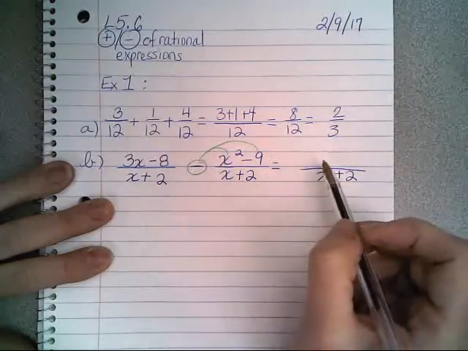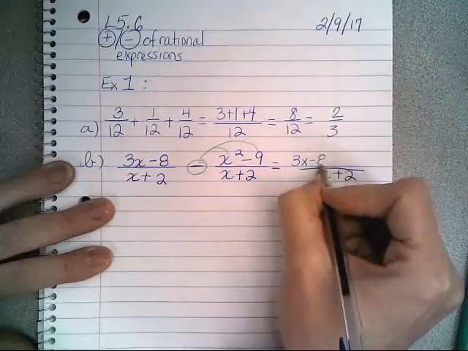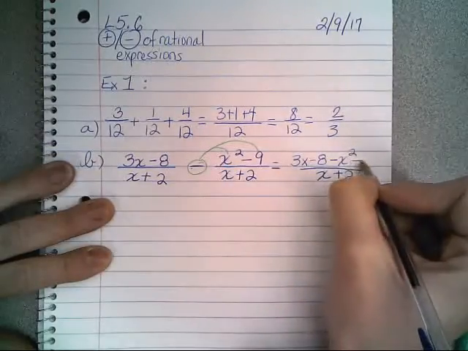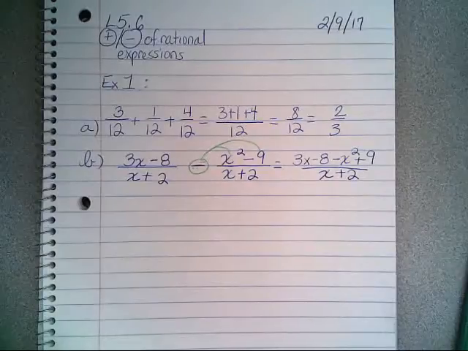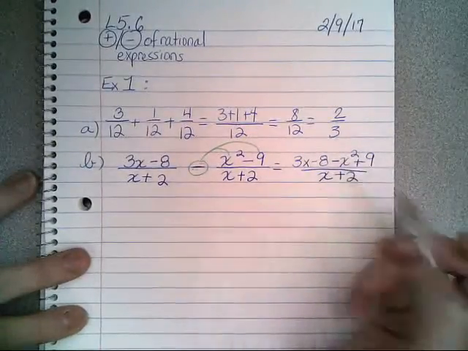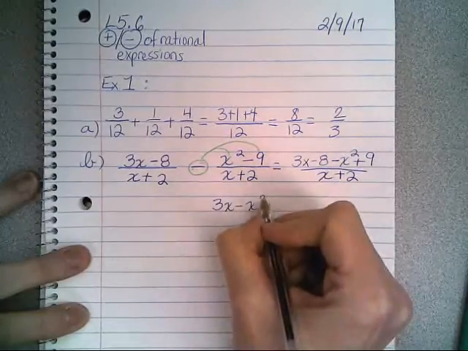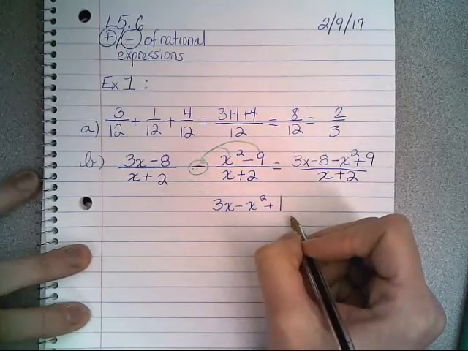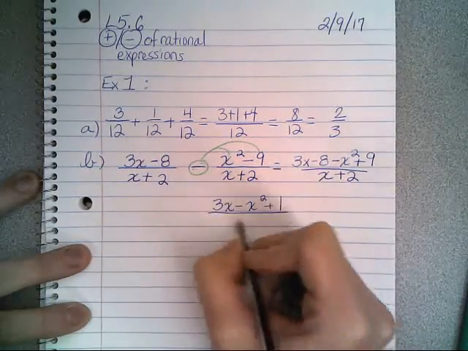So the end result is going to be the combination of this and the negative x squared positive 9, which we're going to simplify by combining our 8 and our 9, and you'll end up with something that looks like this: 3x minus x squared plus 1 over x plus 2.